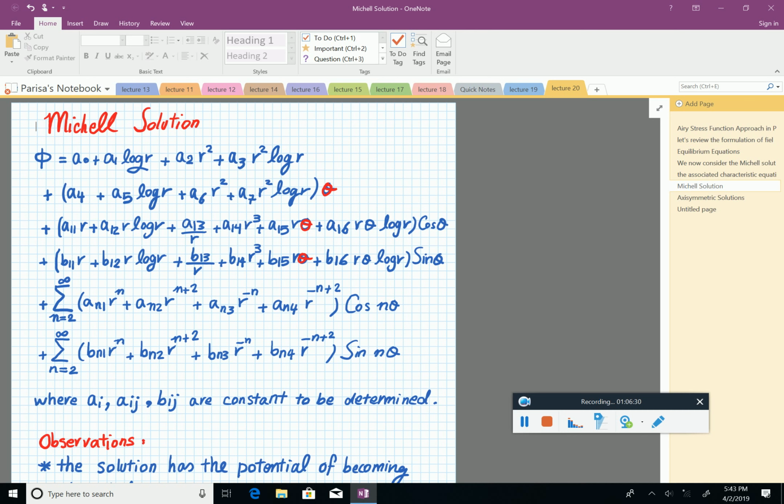There is a theta at the end, and then you have cosine theta, sine theta. This is why it is good to have a large solution. For an axisymmetric solution, you just say all those other coefficients have to be 0. I can only keep that first line, and that's what we are going to do.